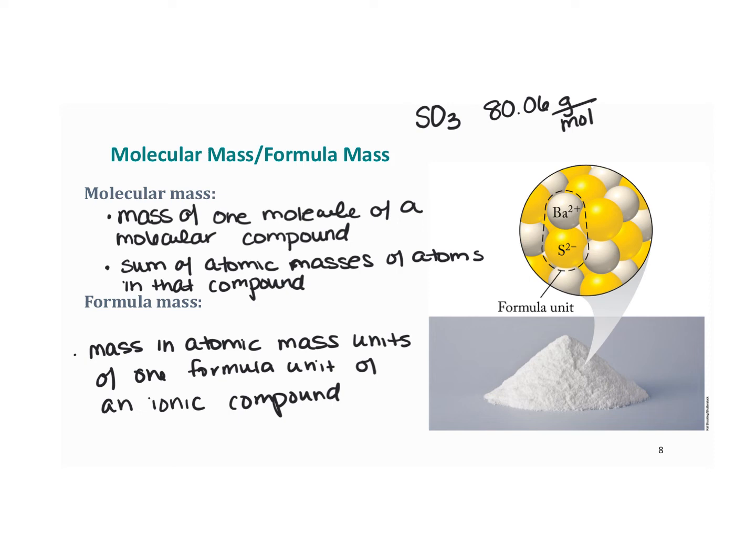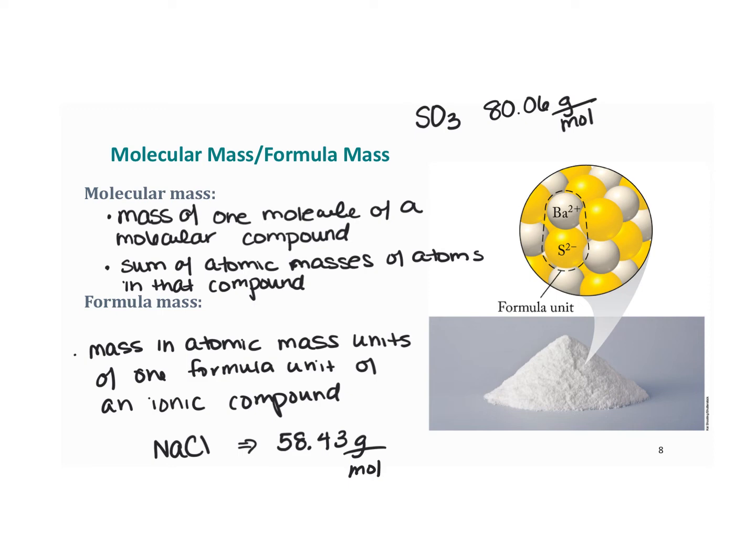So if it's covalent, then it's a molecule, and we are going to determine the molecular mass. If it is ionic, we are going to call it a formula mass, but we determine these in the same way. For example, sodium chloride is ionic. We would figure out the formula mass for that. That's 58.43 grams per mole, because we took the molar mass of sodium, we took the molar mass of chlorine, and added the two together.